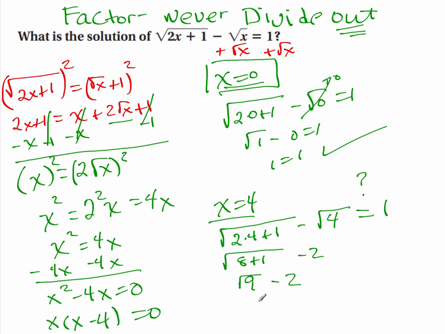The square root of 9 is 3, minus 2. And it turns out, put my question marks here, this does indeed equal 1. In a rare stroke of luck, this one actually has two solutions. Many times when you square it, you're going to get that extraneous solution.